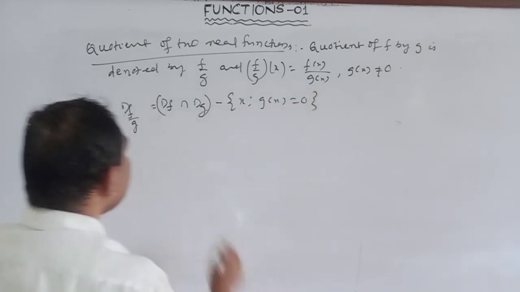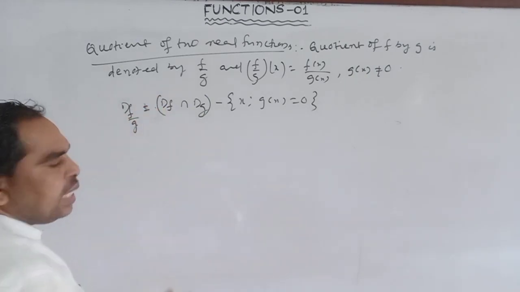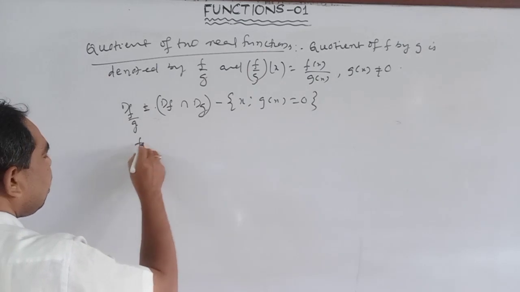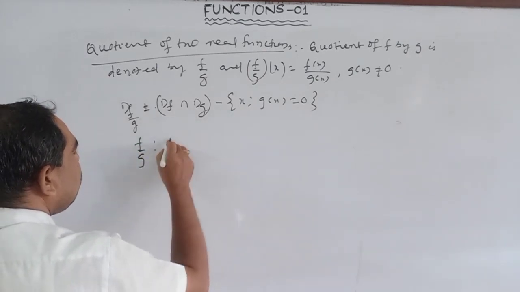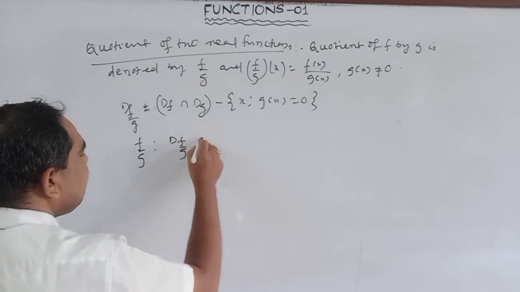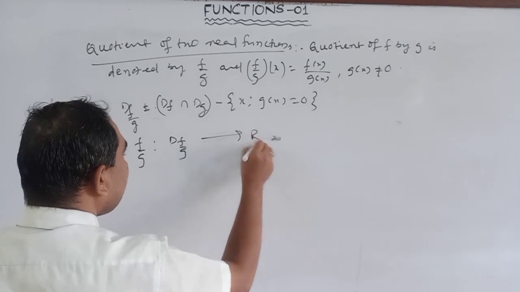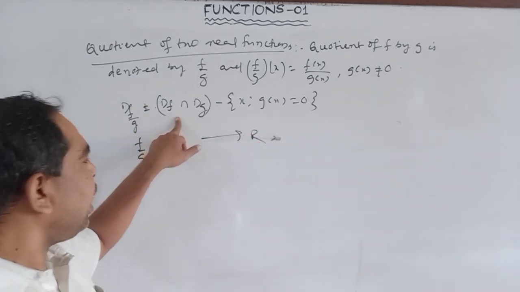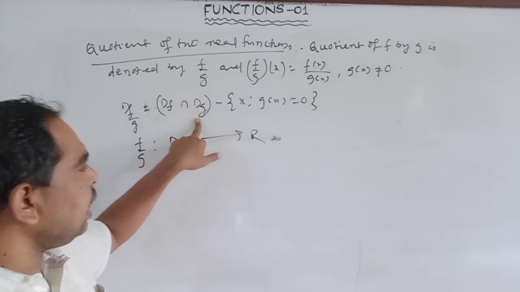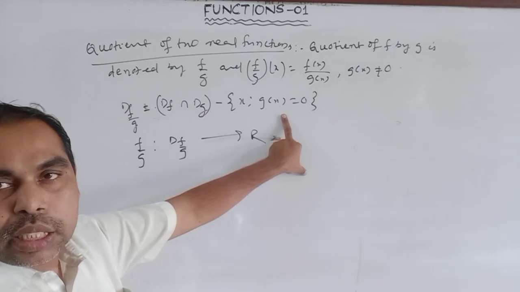So f by g such that domain of f by g to real number R, where domain of f by g is equal to domain of f intersection domain of g minus the set of x such that g(x) is equal to 0.